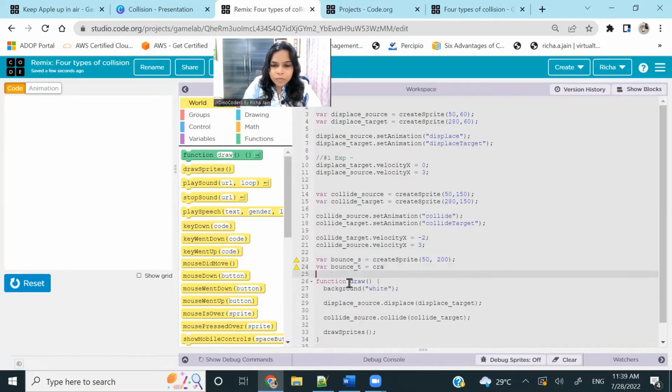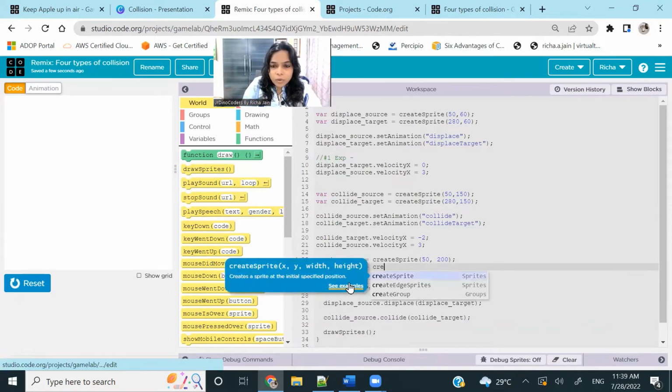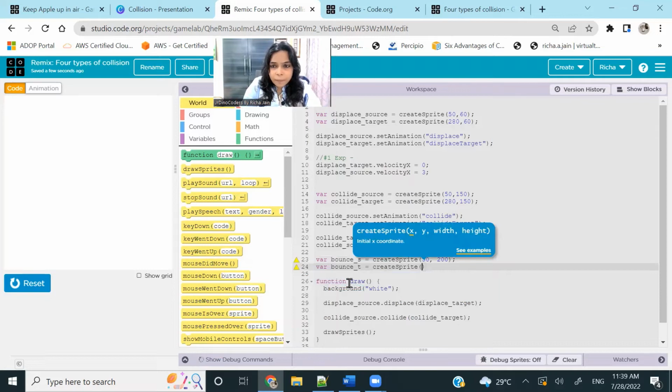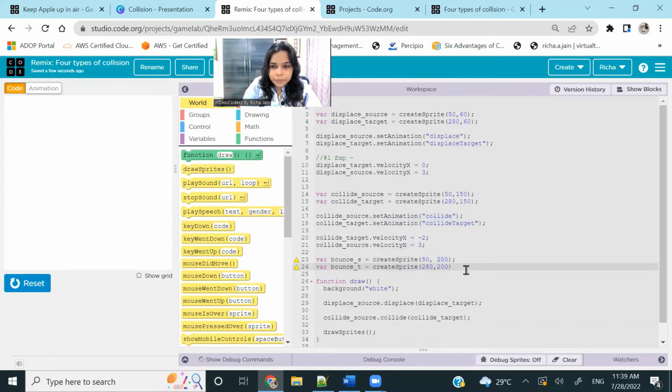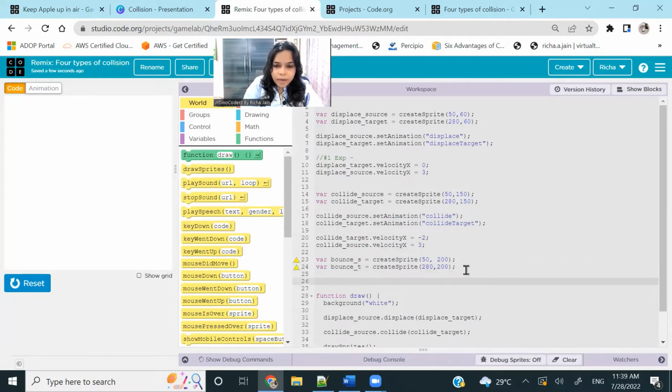So we have bounce_s as a source and bounce_t as target sprites. Okay, let's give them animation.